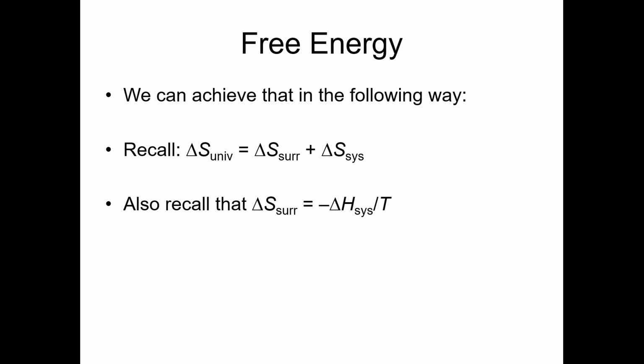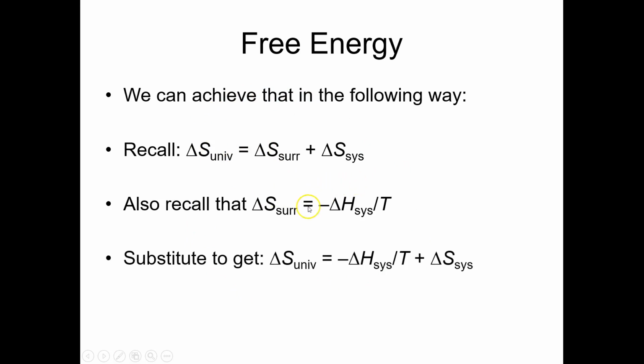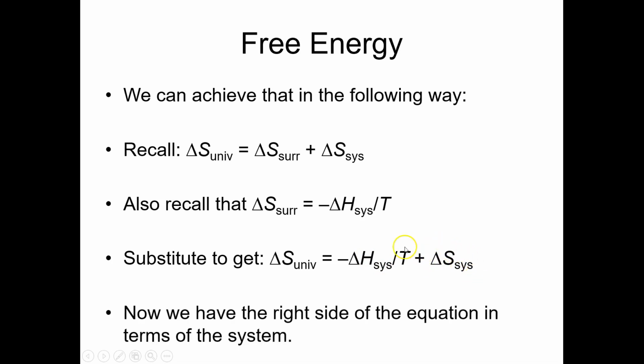Okay, well, we can substitute this equation into this equation, and that gives us the entropy change of the universe is the negative enthalpy change of the system divided by temperature plus the entropy change of the system. And so what that has allowed us to do now is to get the whole right side of this equation in terms of changes in the system and not in terms of changes in the surroundings.